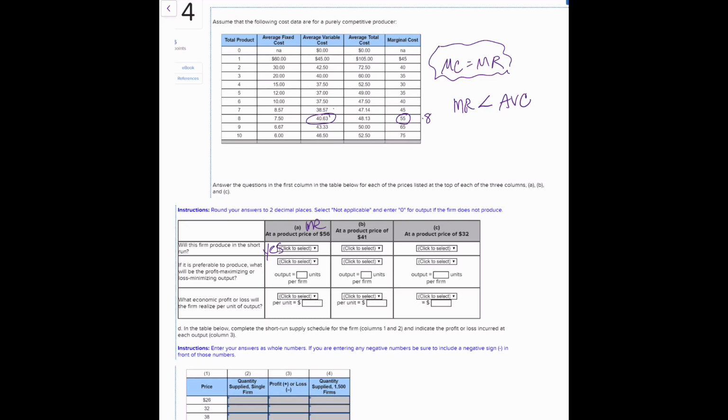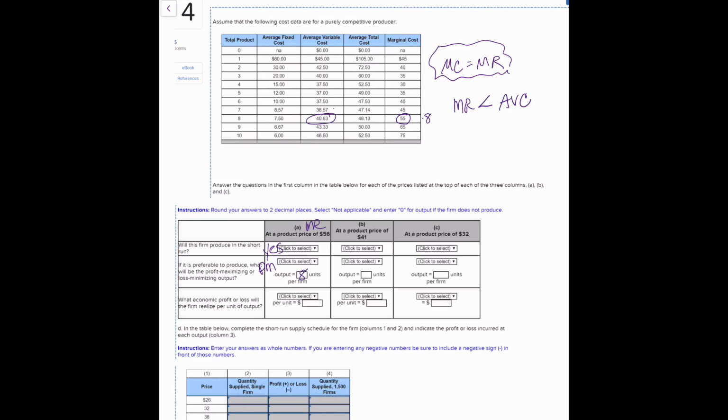And it asks, if it is preferable to produce, what would be the profit maximizing or loss minimizing output? And we just identified the profit maximizing output here at 8 units. And finally, what economic profit or loss will the firm realize per unit of output? It's pretty easy to see.